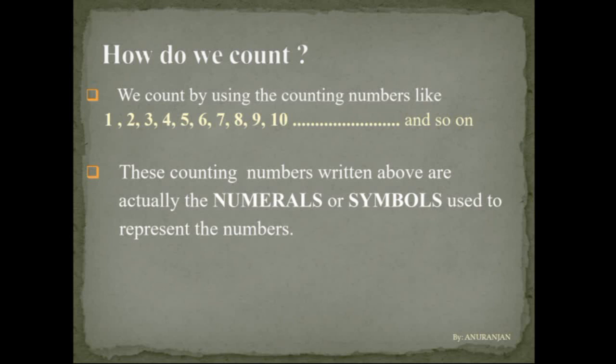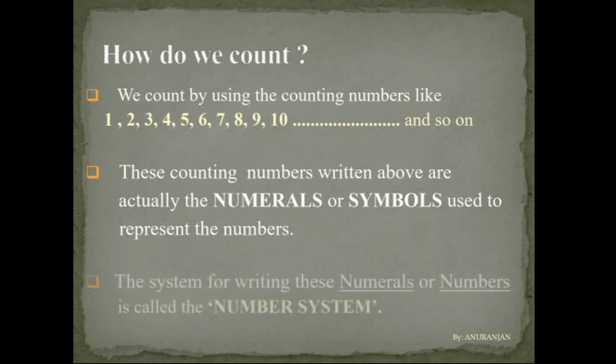Did you know that? So this 1 is actually a symbol to write 1, and 2 is also a symbol to write 2. Is that clear? The system for writing these numerals or numbers is called the number system.